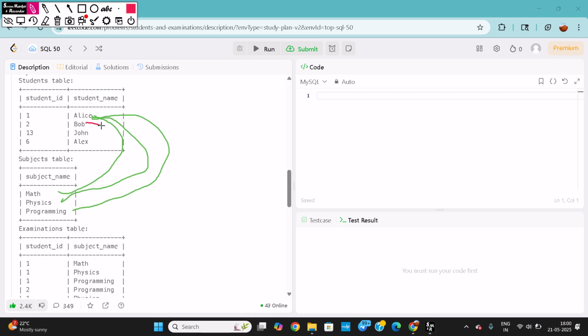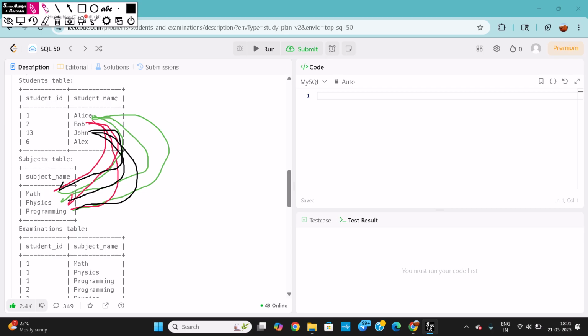And if we see Bob, he also takes Math, Physics, and Programming. And if we look at John, the same thing repeats. So each student takes every subject, at least one time. As they mentioned earlier, in the Examinations table, they may appear more than one time, so at least one time they are taking.